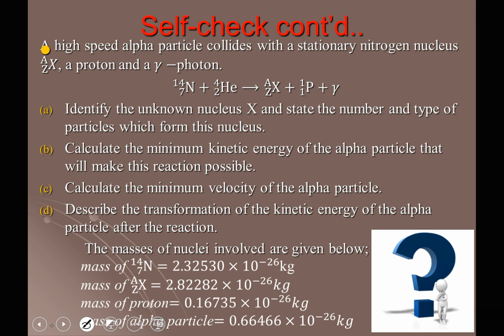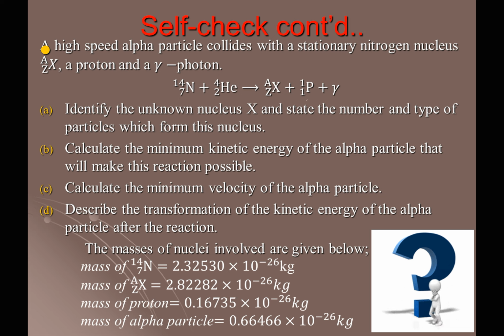A high-speed alpha particle collides with a stationary nitrogen nucleus, which is given by that. Identify the unknown nucleus X and state the number and type of particles which form this nucleus. You can try to balance, because this is a gamma photon. So we have proton number 7 plus 2, which is 9.